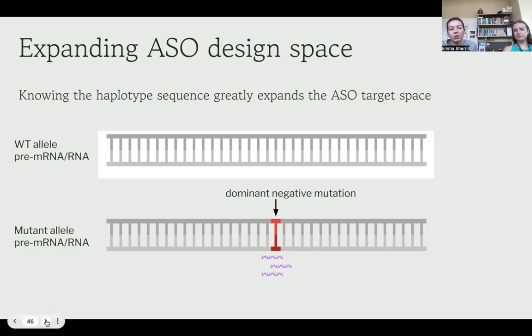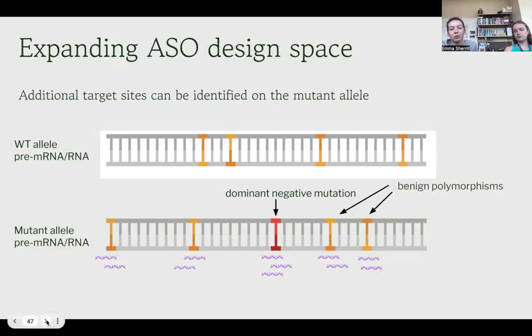But once we identify the haplotype sequence, we can then expand our ASO design space across the allele to other benign polymorphisms that the patient has in phase with the dominant negative mutation. These would just be benign SNPs, and some of them may be common across the patient population.